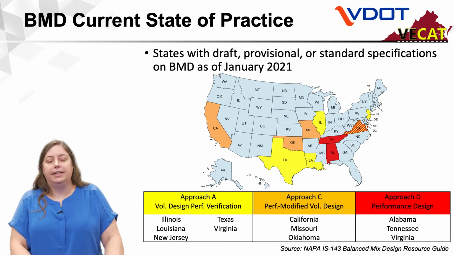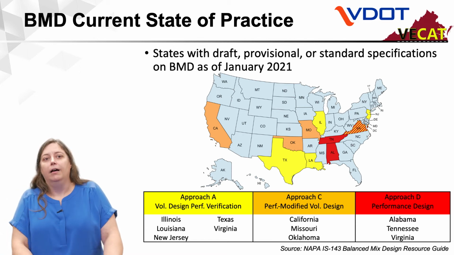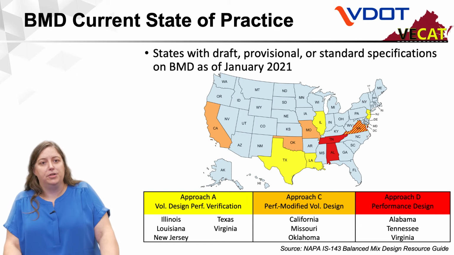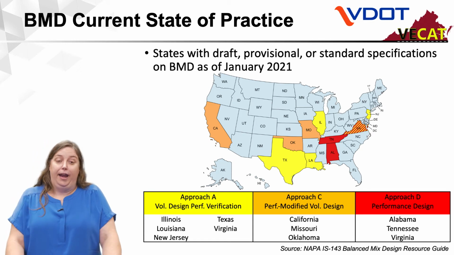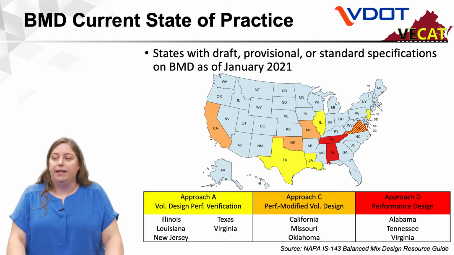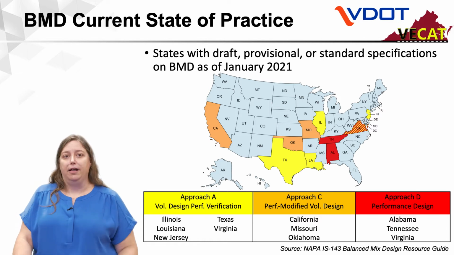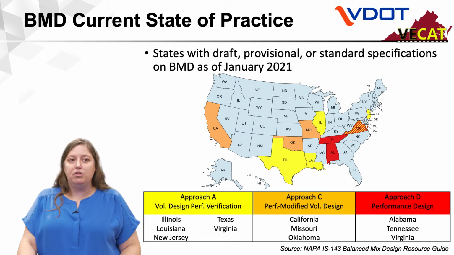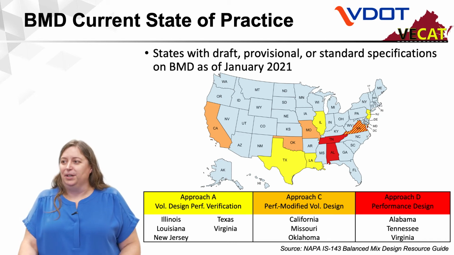Illinois, Louisiana, Texas, and Virginia. 3 other states are using a modified volumetric design, approach C, California, Missouri, and Oklahoma. And 3 states have specifications that allow pure performance design, Alabama, Tennessee, and again, Virginia. As we move on, I'm sure we'll see this spread across the country, but it's kind of exciting to be out here in the first round.